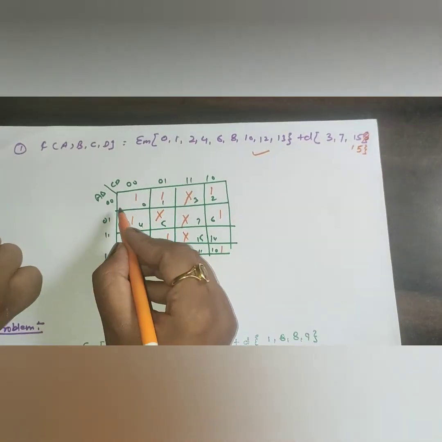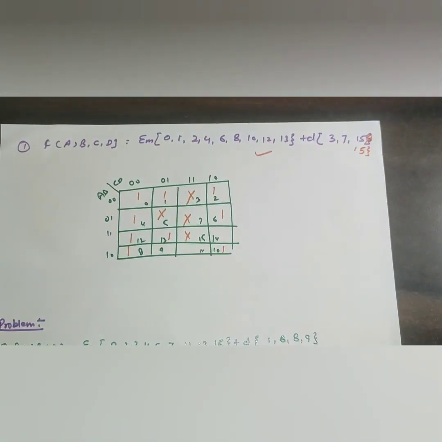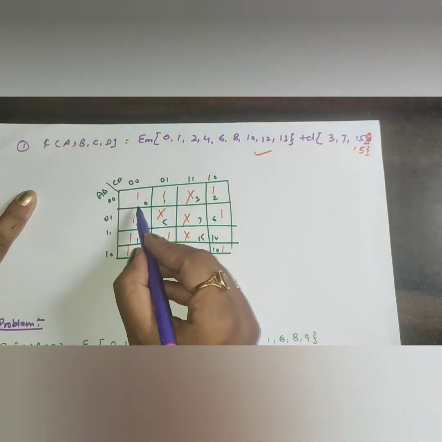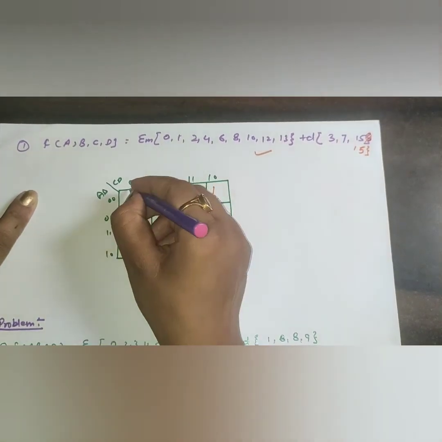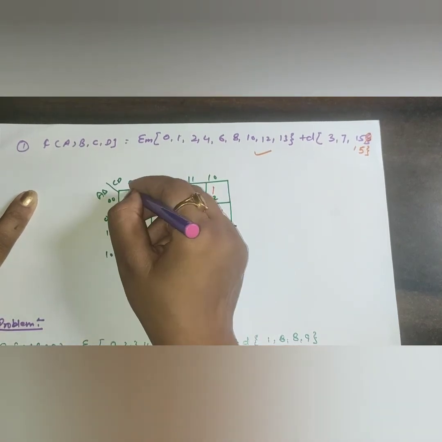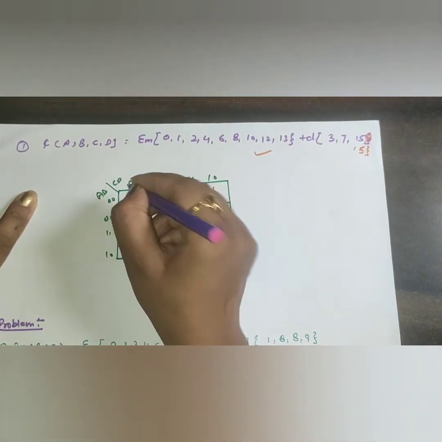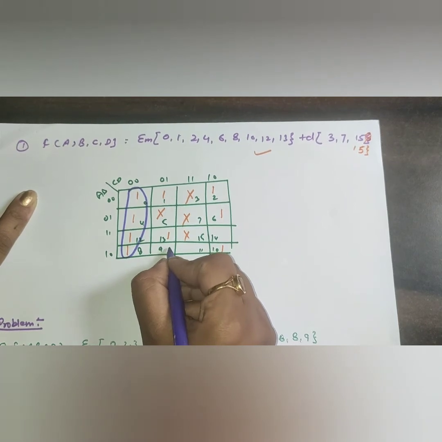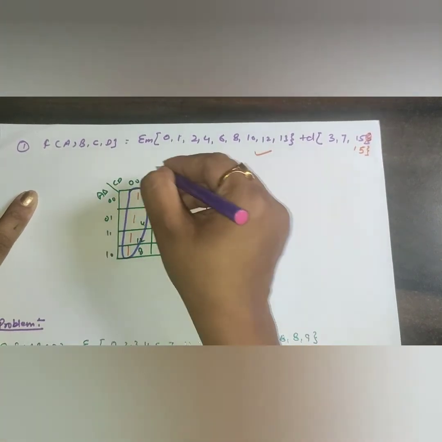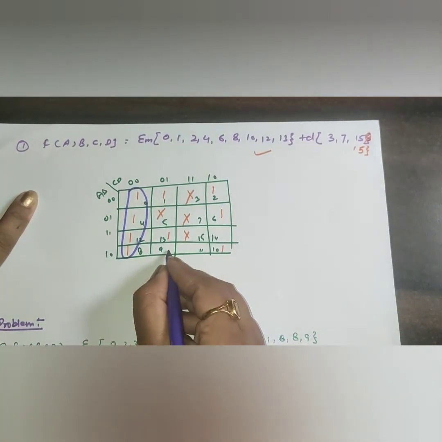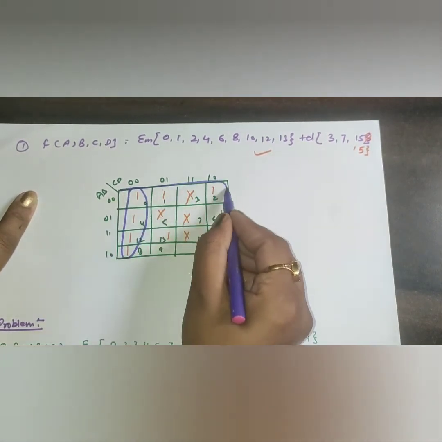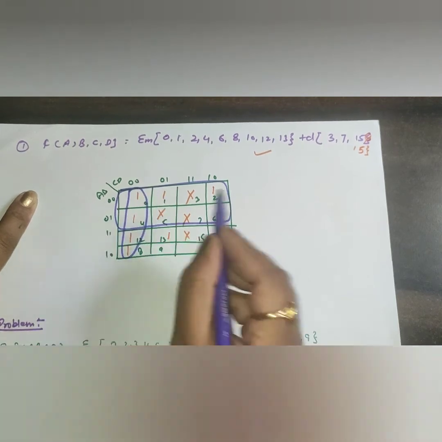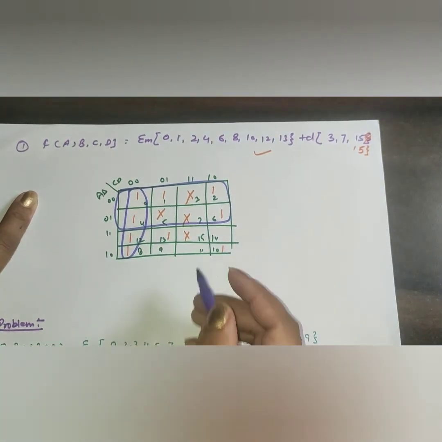So we should make our grouping like 1, 2, 3, 4. This can make the grouping. And 1, 2, 3 can make the group. If there was one more don't care condition, we could make the group of these 8, but there is no such condition, so we cannot make the group. So this can make the group because we will consider 8 rather than 4.